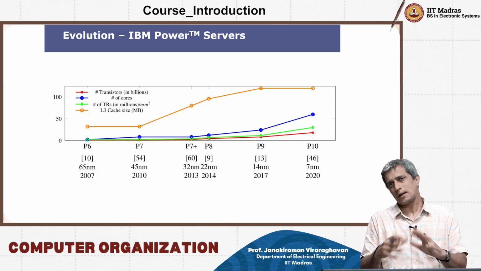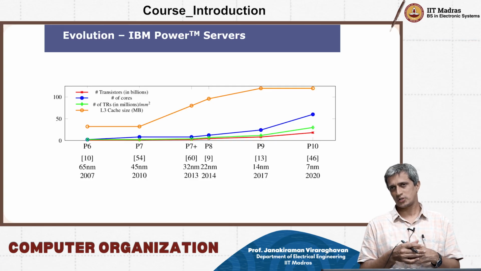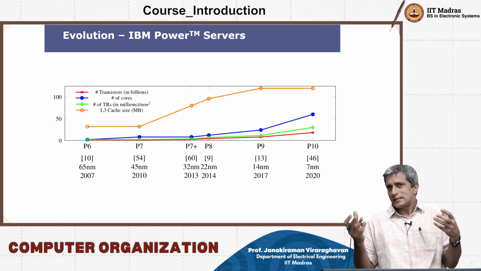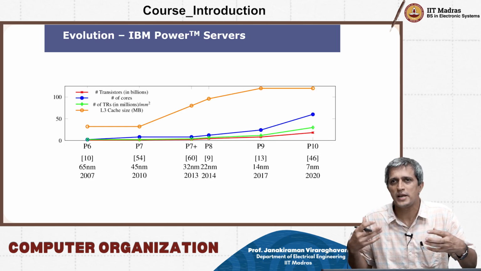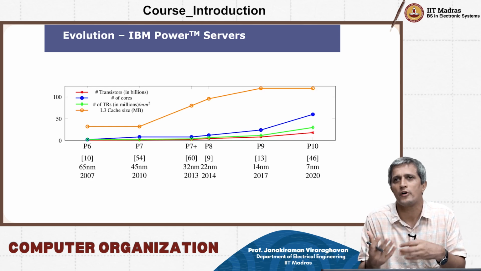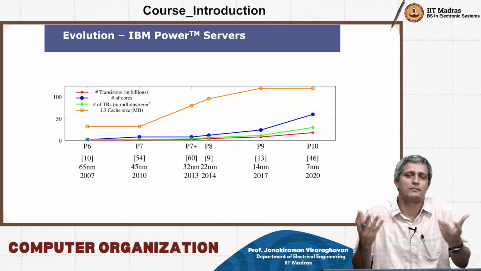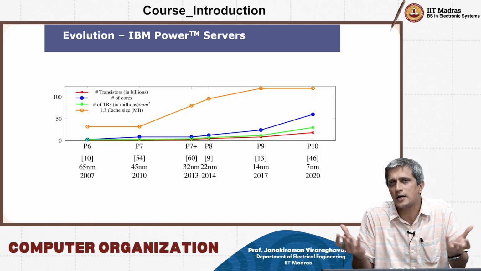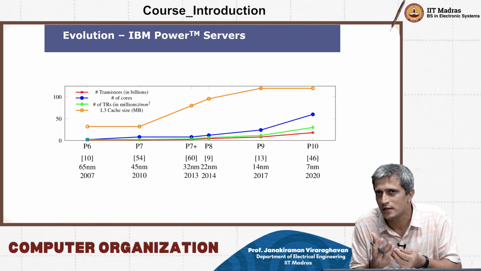So in some sense, this is what I meant by the desktop and mobile processor being similar in nature to the server. You just throw many more cores and a lot more power at the server, you optimize it for different parameters, but in the heart of hearts, all these three processors are going to be very similar in nature.